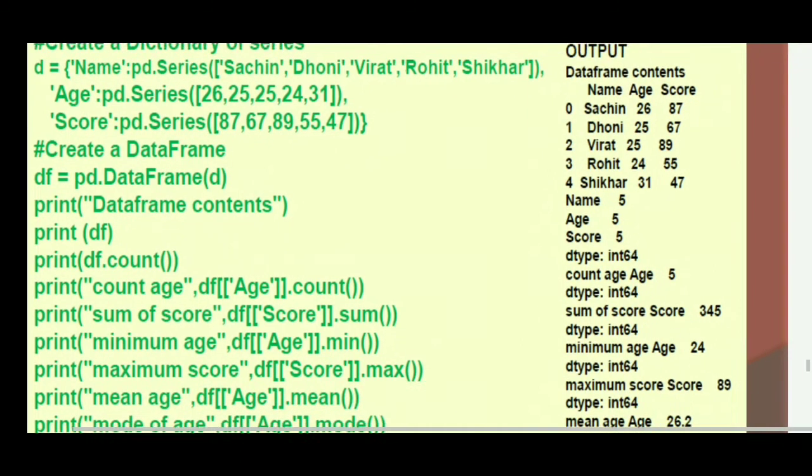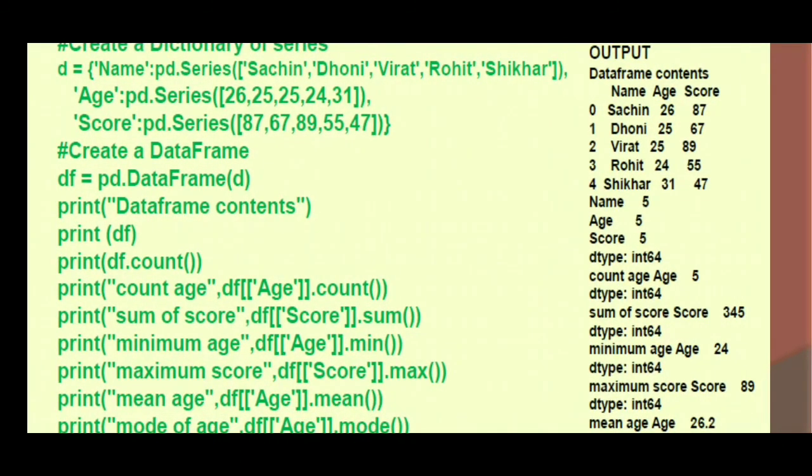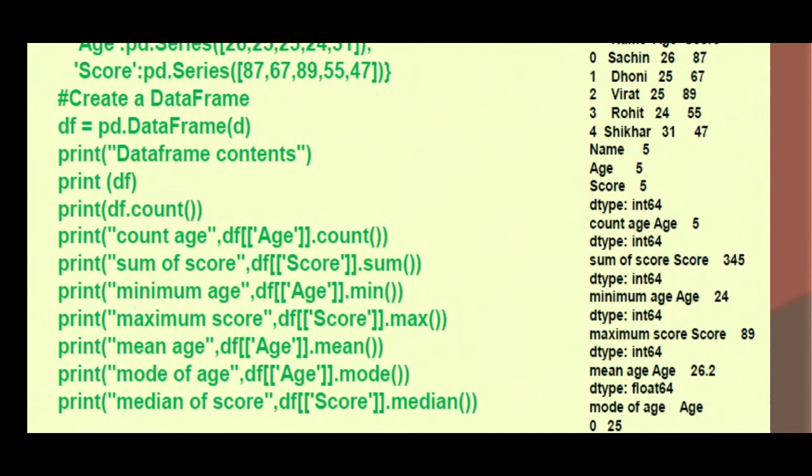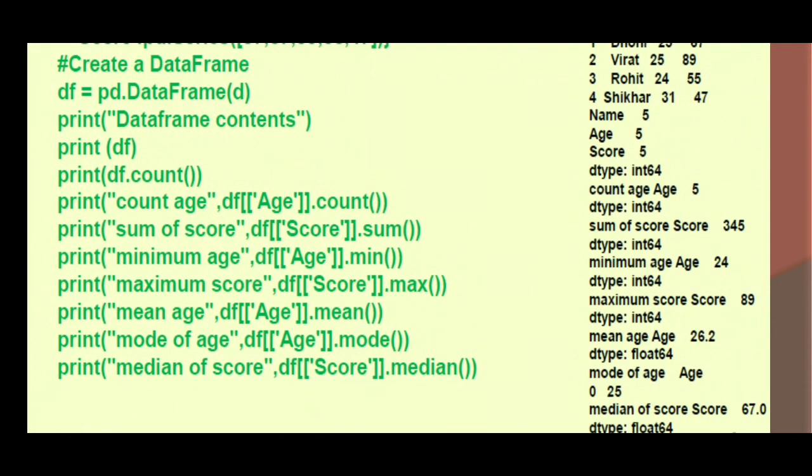So in the output you can see that basically there is a data frame with index from 0 to 4, then it shows name 5, for which we have used the count function, then age 5, then for score it shows the sum. Count of age is 5, sum of score is 345, it has added all the scores and shows them as a single entity.